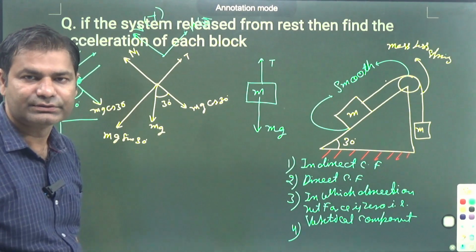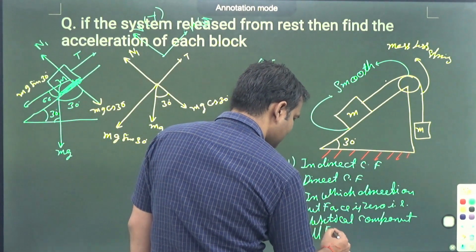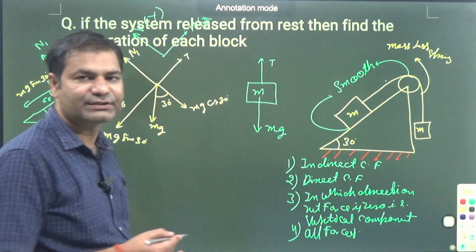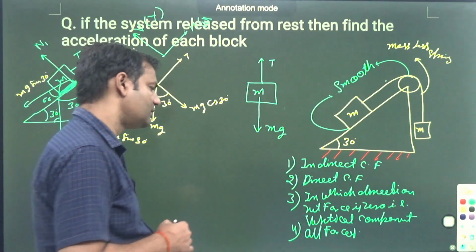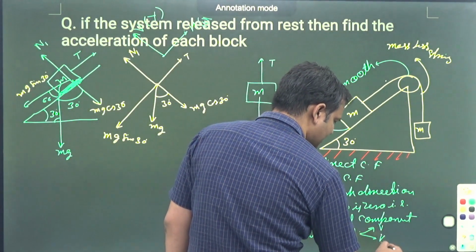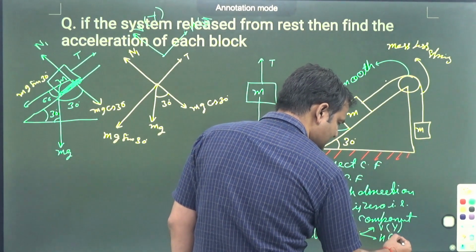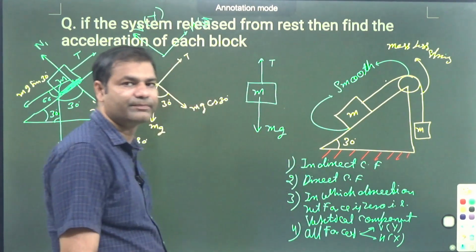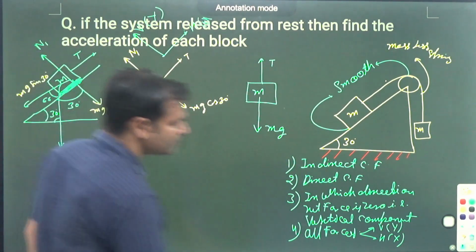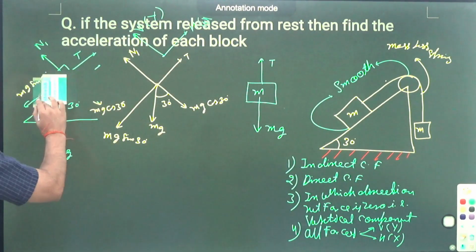all forces are resolved along the V direction and H direction, where V means the capital Y direction and H means the capital X direction. Clear or not? So this one is removed.